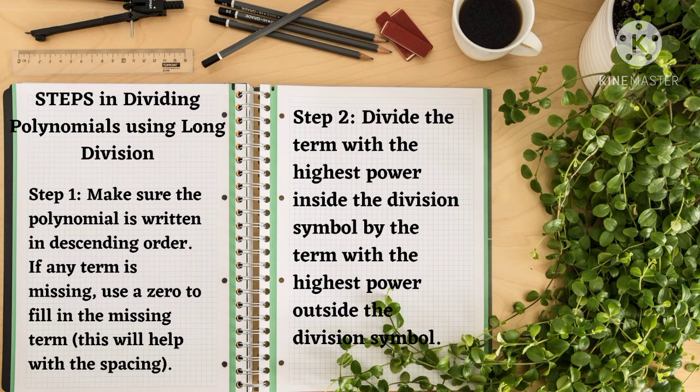So, step 2. Divide the term with the highest power inside the division symbol by the term with the highest power outside the division symbol. So katong first term nga nag-contain sa highest exponent sa dividend i-divide nato sa first term nga highest exponent pod sa divisor.